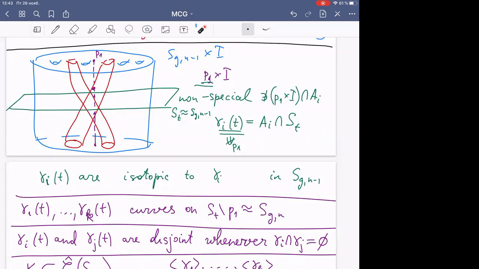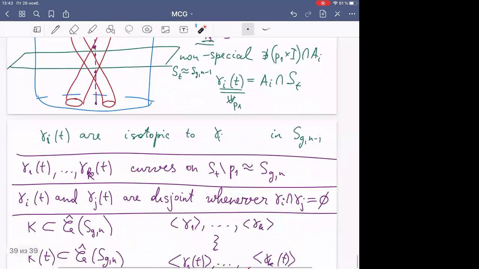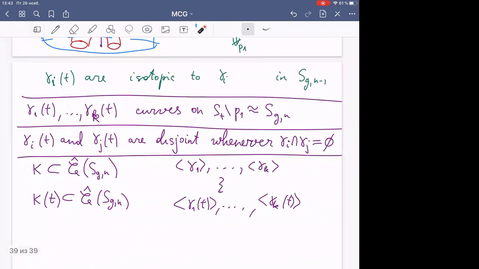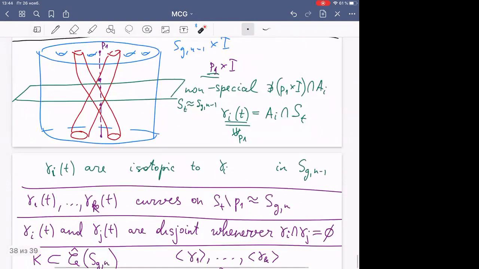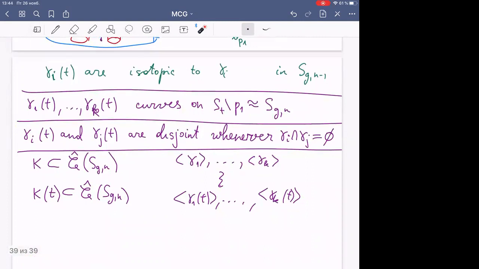So we only need to see what is happening at a certain special moment of time.